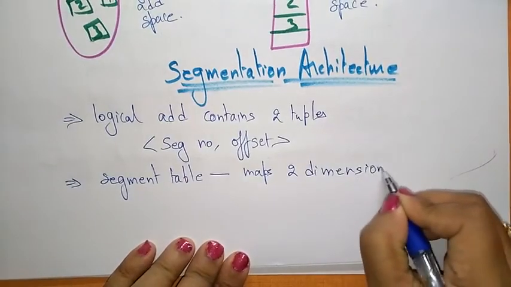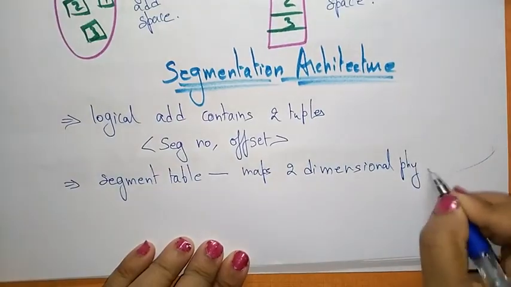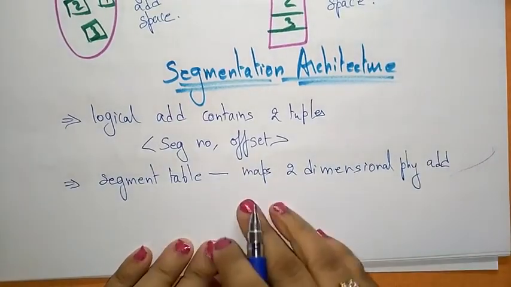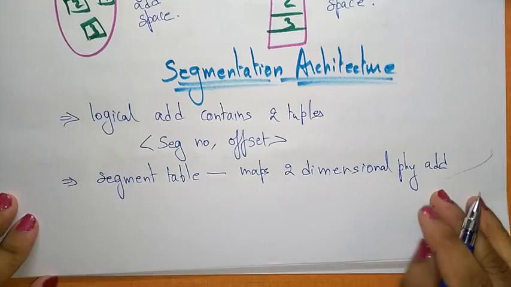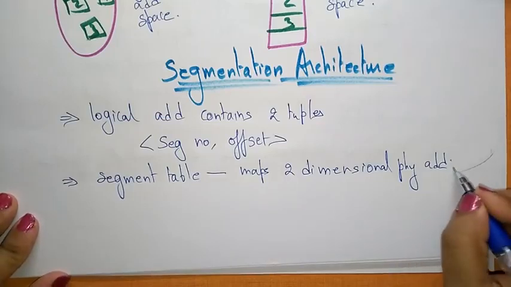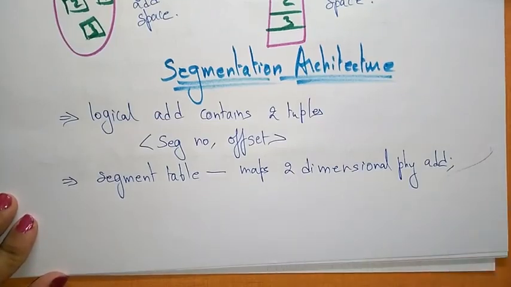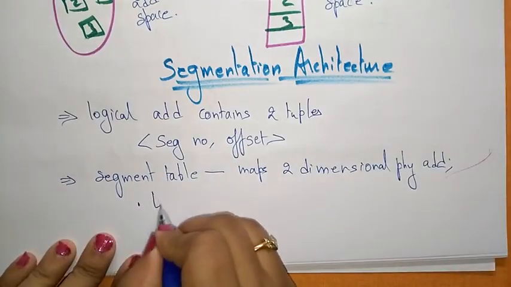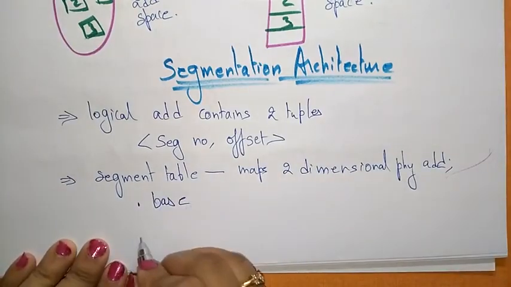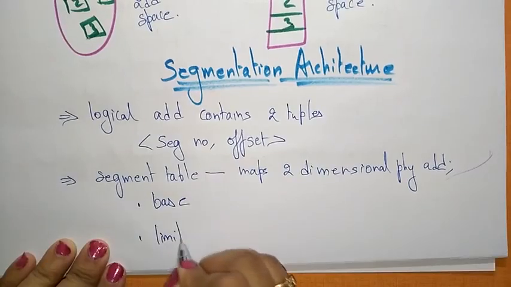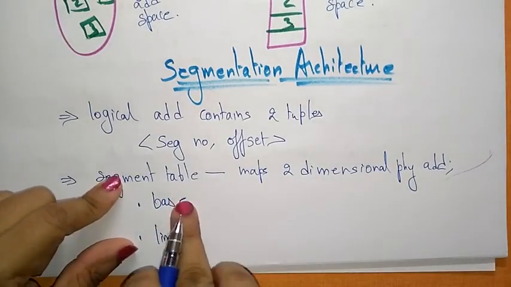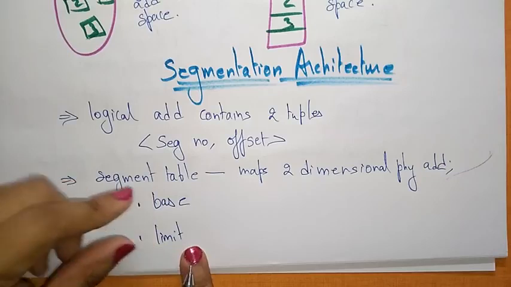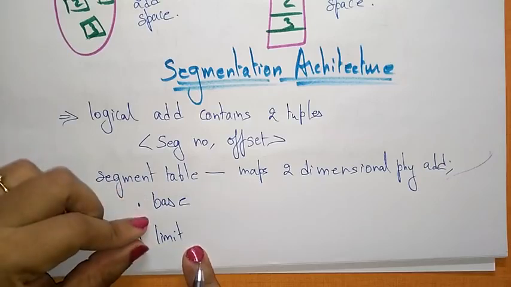The segment table maps the two-dimensional logical address to a physical address. Each table entry has one base and another limit. So the segment table consists of two fields: one is the base and another is the limit.